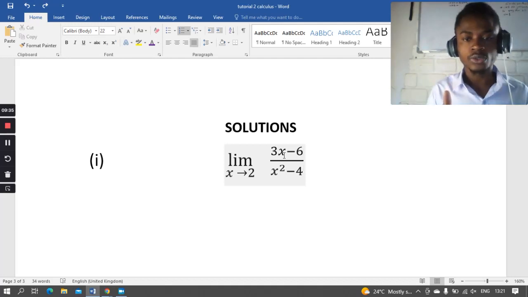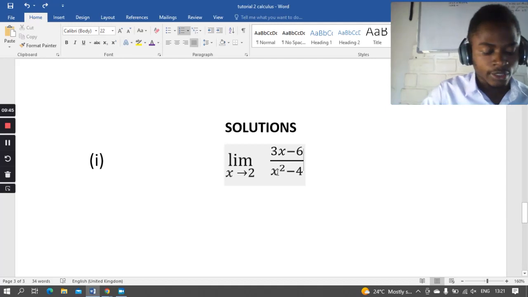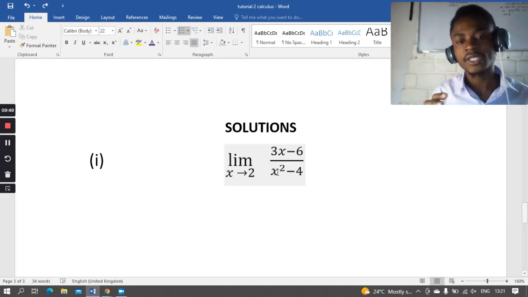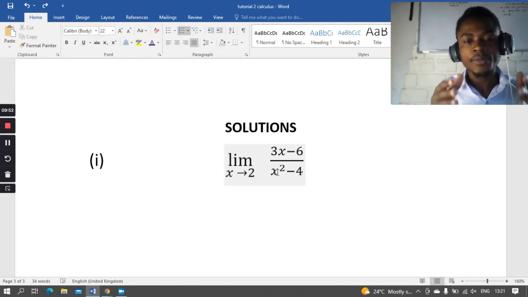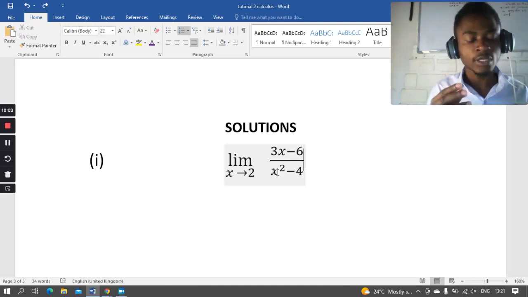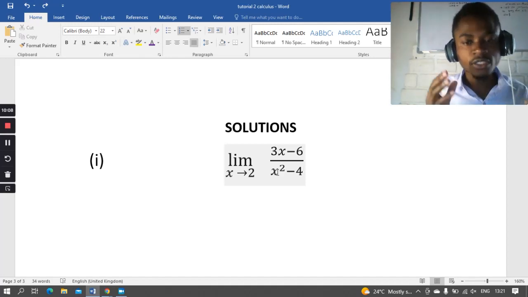When I put 2 on the denominator, my expression will be undefined, because it's going to be 2 squared minus 4, which is 4 minus 4. That means the denominator is 0, so it will be undefined.